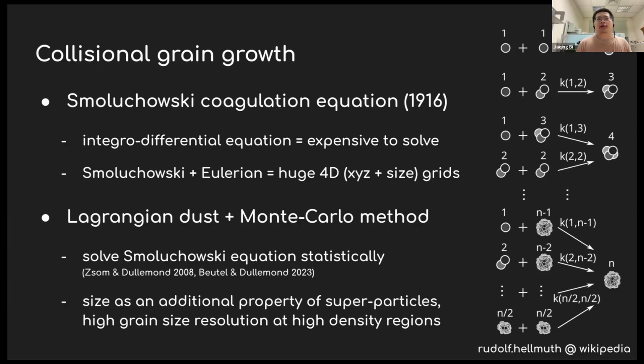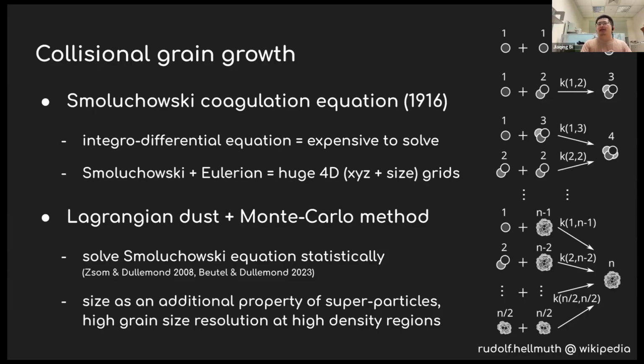When we want to talk about grain growth, in the Eulerian method we are typically talking about solving the Smoluchowski coagulation equation. One thing we need to know is that the Smoluchowski equation is an integro-differential equation, which means it is very expensive to solve.